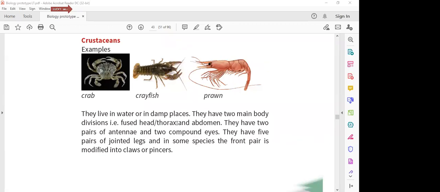It means the head and the thorax are fused. So instead of having 3 main body divisions, these ones have 2: head and thorax together, then the abdomen. This fusion of the head and thorax forms what we call the cephalothorax. Am I clear now?